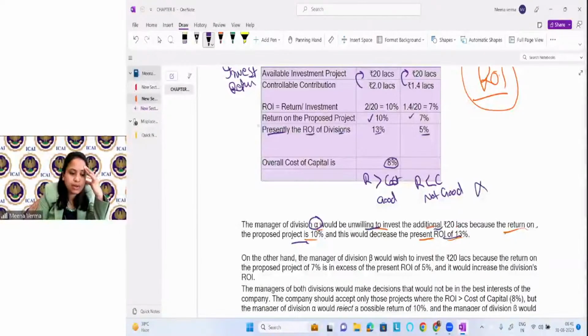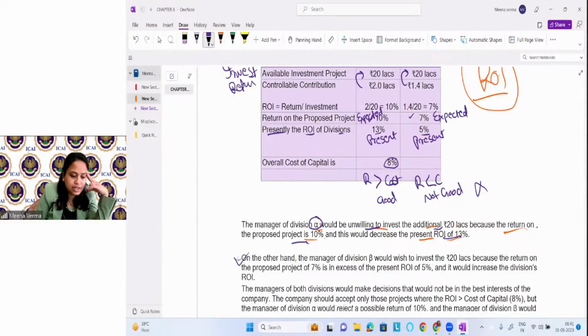So this is the present scenario and this is the expected scenario, you can say. All right.